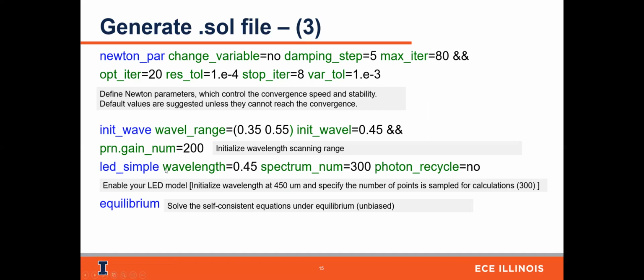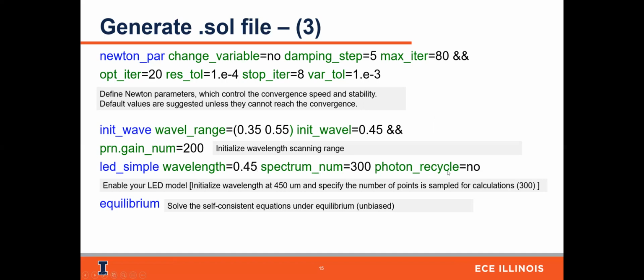And LED simple is a bundled algorithm for you to simulate LED. You set the initial wavelength to be 0.45 micrometer and spectral number 300.